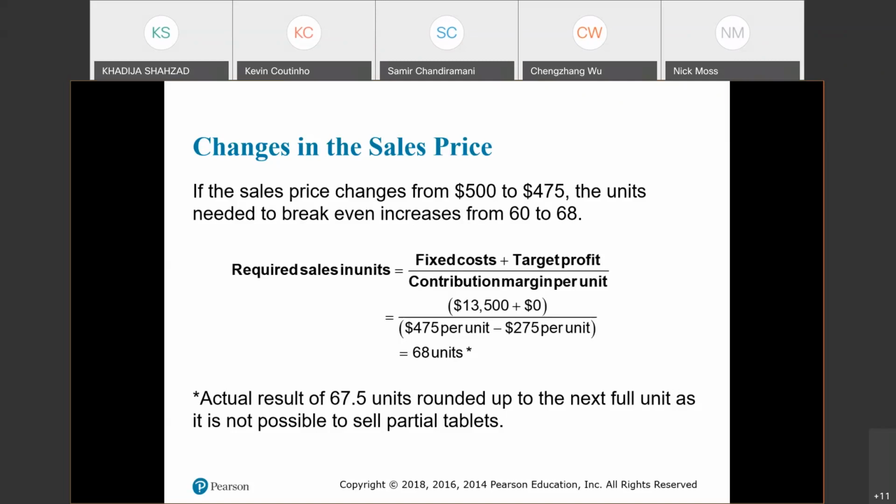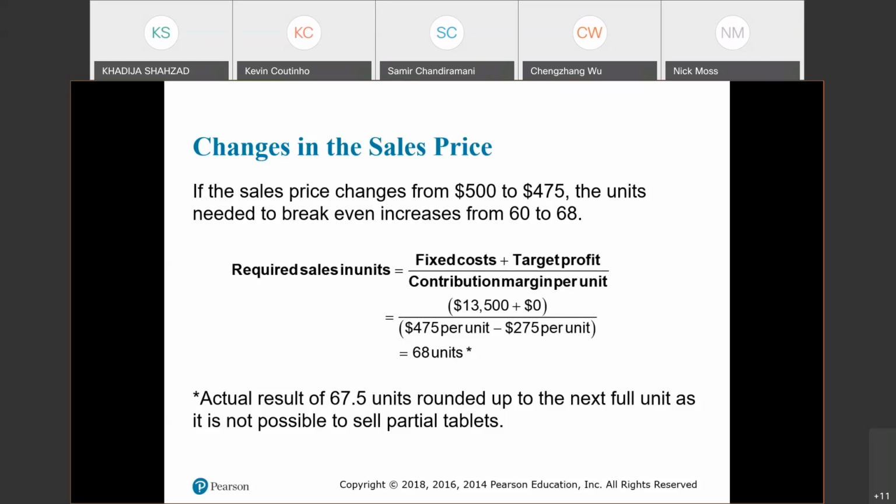Well, using the same equation, we can know the required sales in units increases from 60 units to 68 units. The equation is fixed cost plus target profit divided by contribution margin per unit.